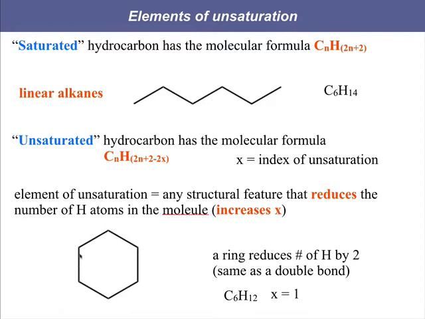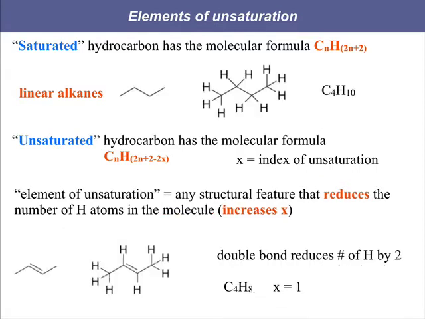Every single carbon in our 6-carbon ring only has 2 hydrogens. So we are essentially losing 1 hydrogen from each of the ends in the linear structure in order to make the ring. In order to connect those 2 ends to one another, each one needs to lose a hydrogen. So a ring can be an element of unsaturation.